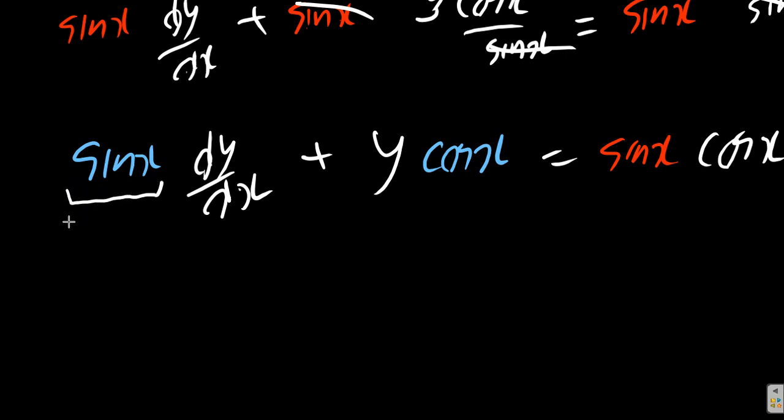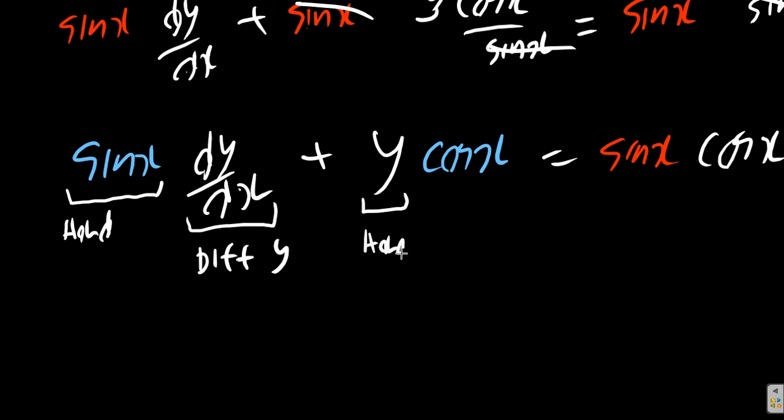You hold sin x as it is and differentiate y, plus you hold y as it is, and when you differentiate sin, you get cos. So this is the result of using differentiation of a product, the product rule.